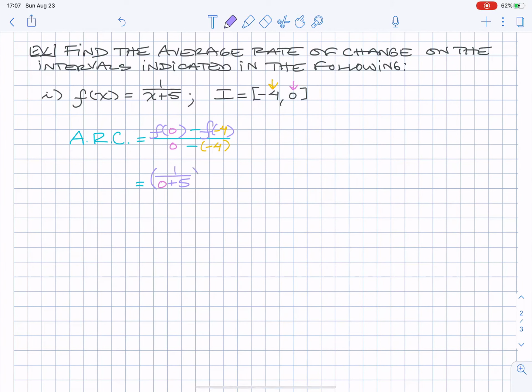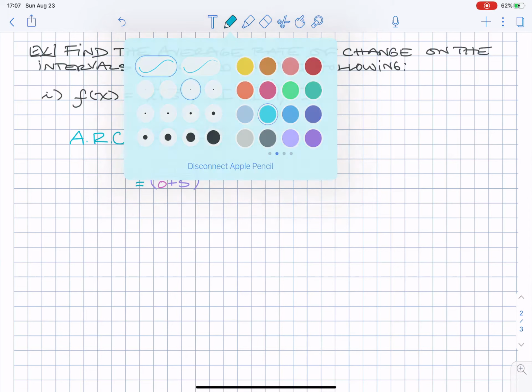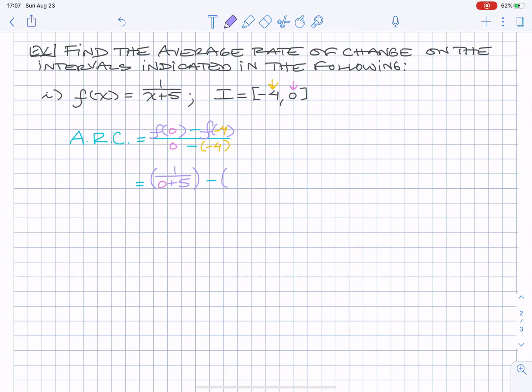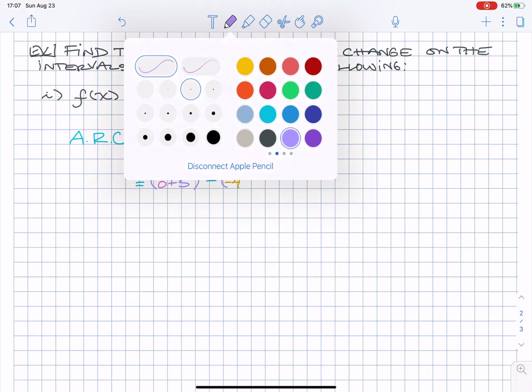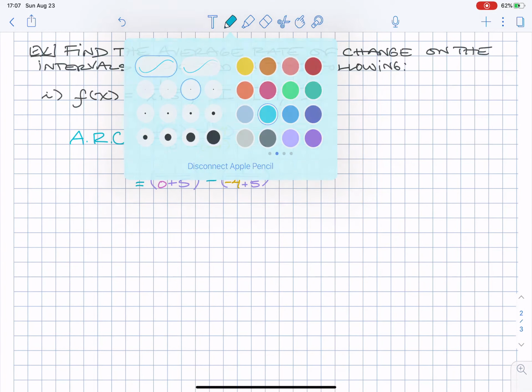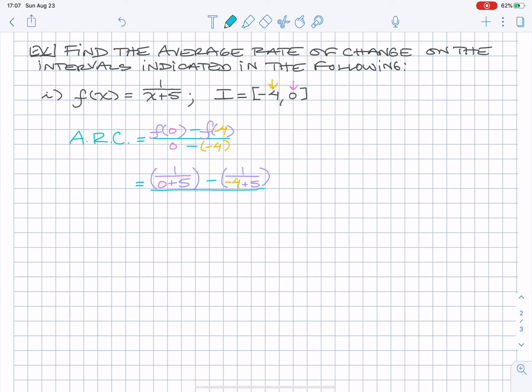That's f at b, from which we're subtracting 1 divided by -4 plus 5. And we're dividing all of that by minus a -4, which becomes +4 in the denominator.